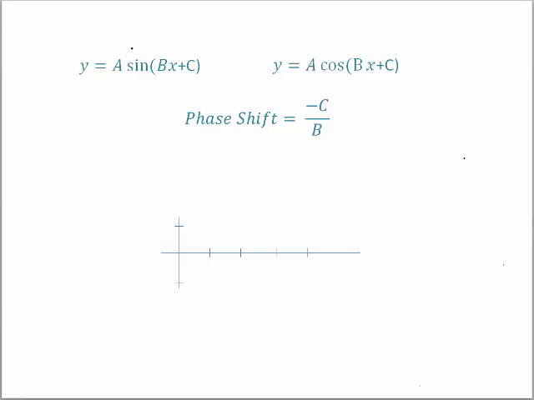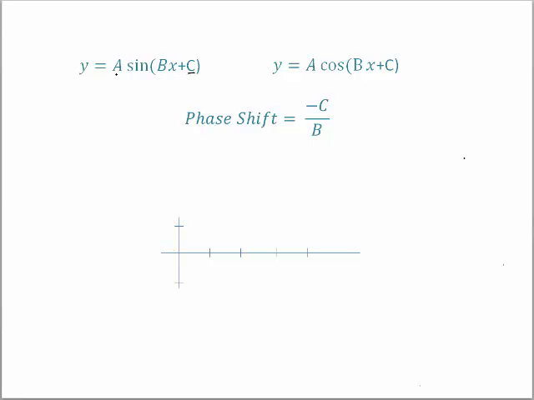Okay, this is the equation format for sine and cosine graphs that you should be familiar with, except in this case we are adding a phase shift. This C value in the parentheses means that we have a phase shift.